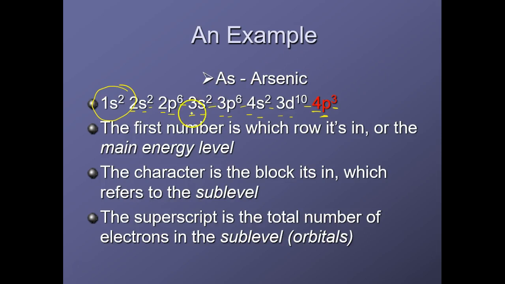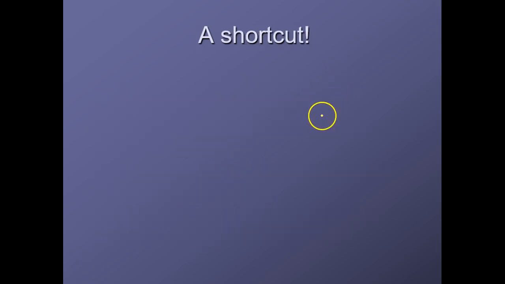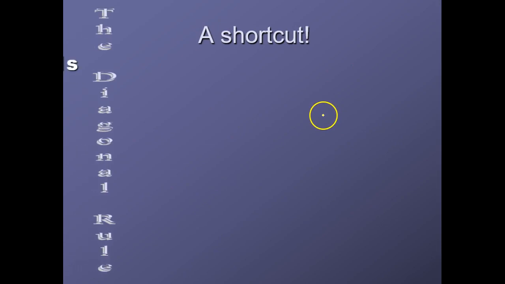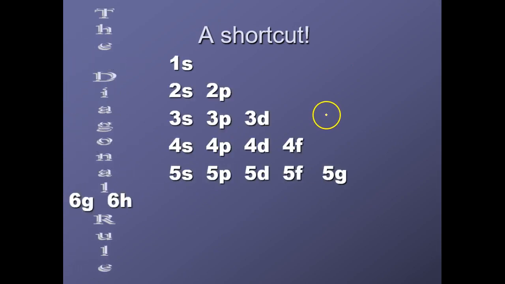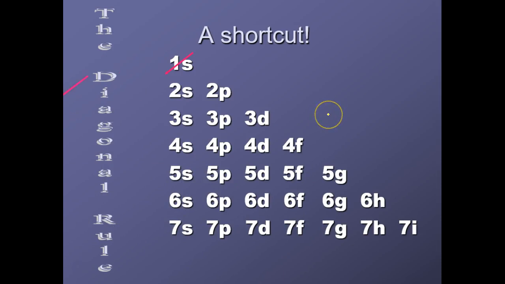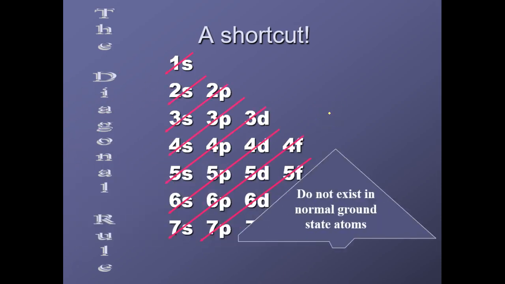Okay, so the character is the block it's in, which refers to the sublevel. And the superscript is the total number of electrons in the sublevel or the orbitals. Okay, so here's a shortcut, kind of a diagonal, if you want to copy this down. We always start in the 1s level.